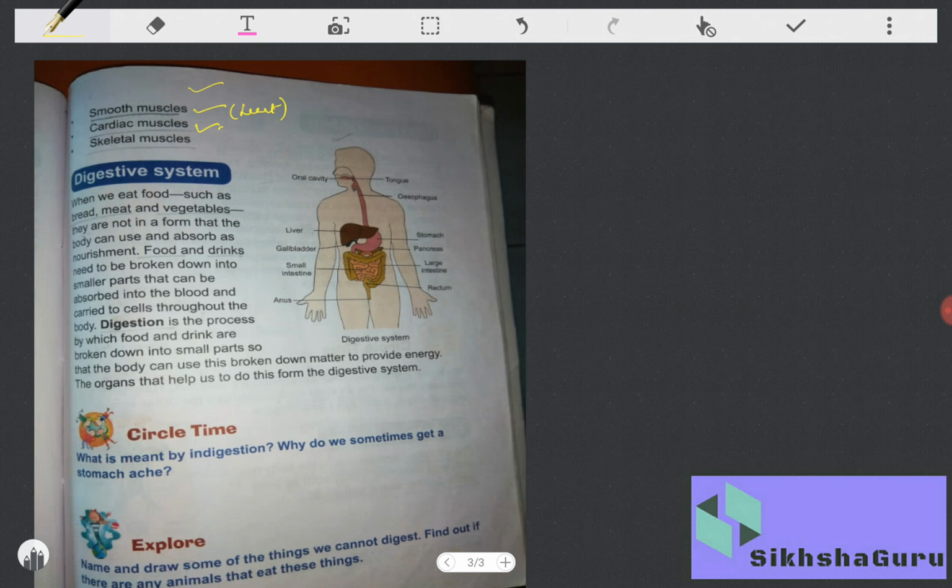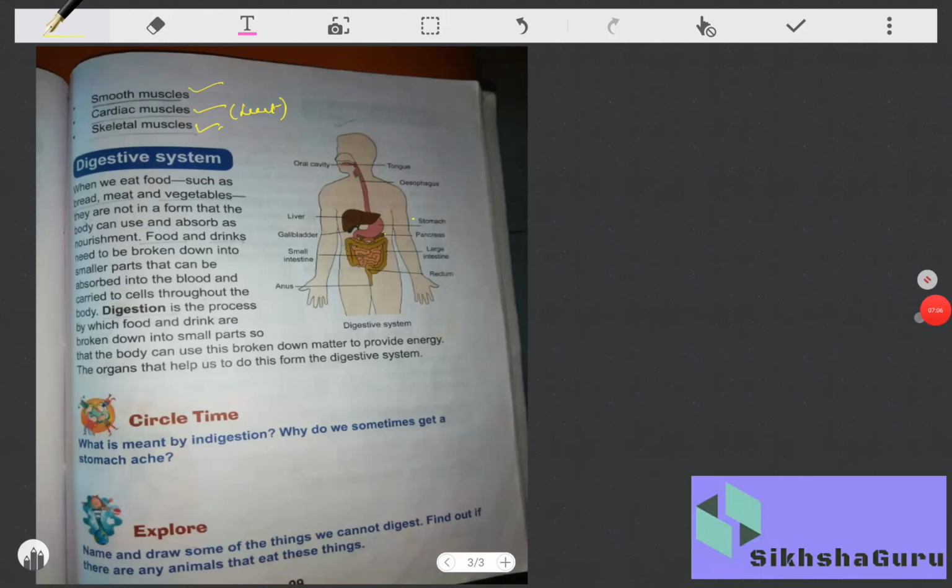You can note it down. The skeletal muscles are found in the places where they are attached to the skeleton. So just note it down. You do not need to learn it by heart, just listen. The skeletal muscles are striated in appearance.